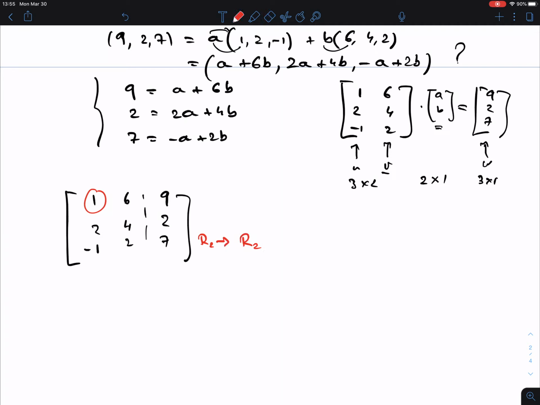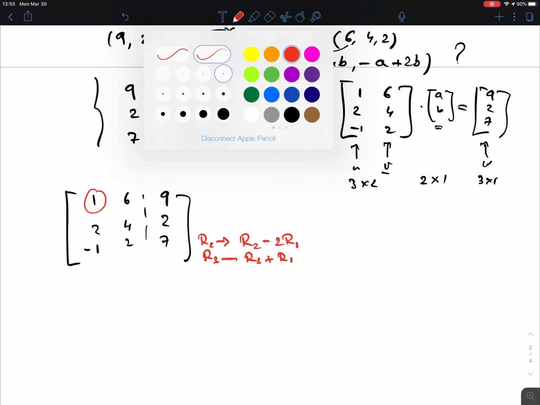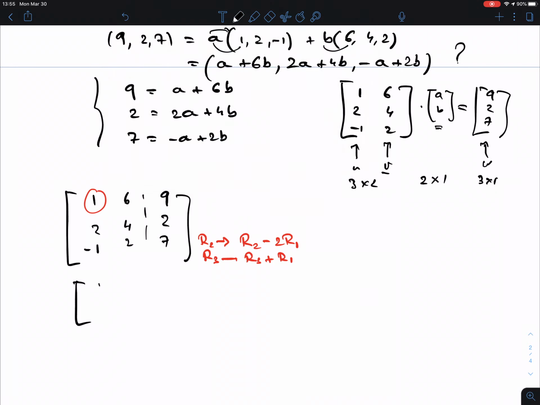Replace R2 by R2 minus 2 times R1, and replace row 3 with row 3 plus row 1. Okay, so that gives me 1, 6, 9 times negative 2, and then add it up, so that's 0. Minus 12 plus 4 is minus 8.